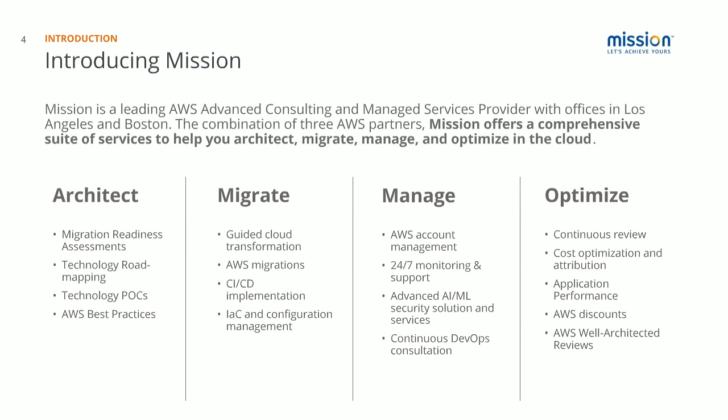And that means we can handle your entire journey to the cloud, from getting you ready to technology road mapping, POCs, best practices, through migrations, guided cloud transformations, implementation of CI/CD pipelines, managing and optimizing your environment once you're in AWS, including continuous DevOps consultation, optimization, cost optimization and attribution, application performance, and more. So we are a kind of a one-stop partner for AWS with customers around the world.